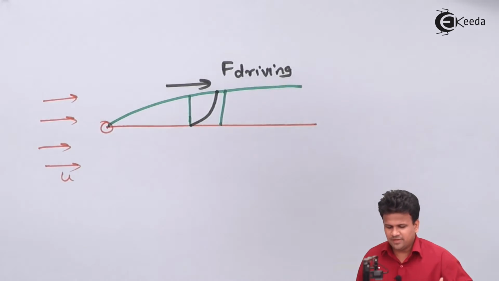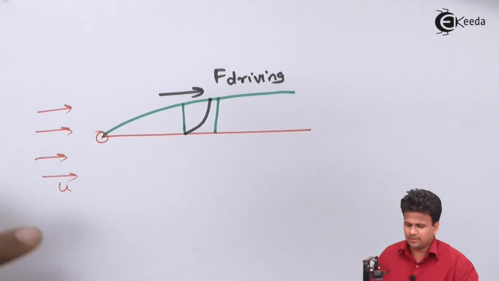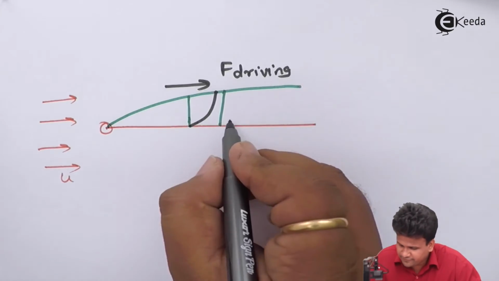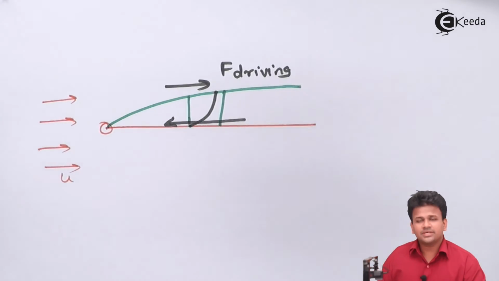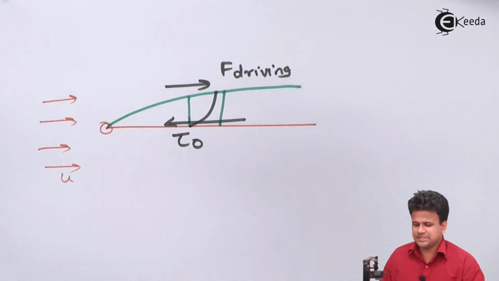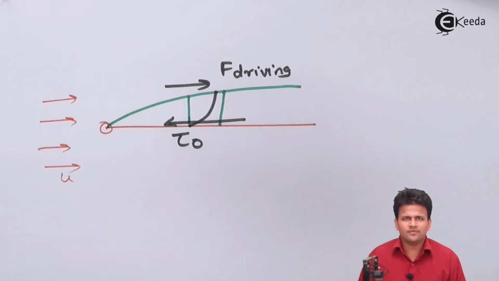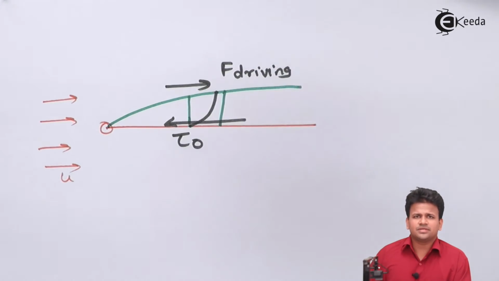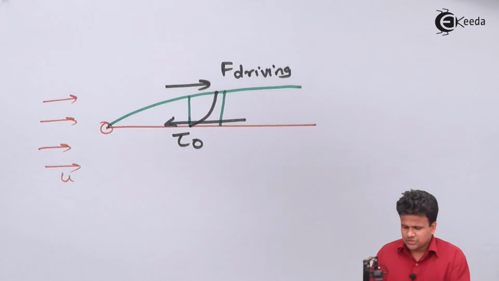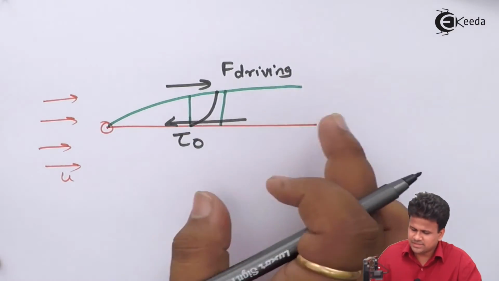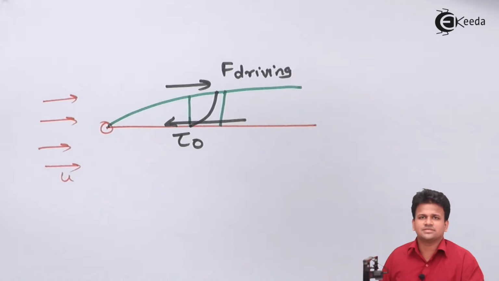Now this driving force is parallel to the solid surface, but the shear force is applied in the opposite direction. So over here this is the shear force which is in the opposite direction. This shear force consists of the adhesive force between the fluid and the solid, as well as the force due to the viscosity of the fluid. So the driving force is taking the fluid away from that part, whereas the restoring or shear force is against this surface.